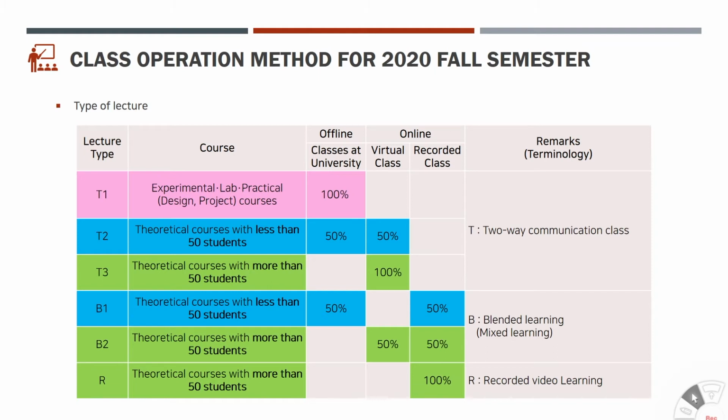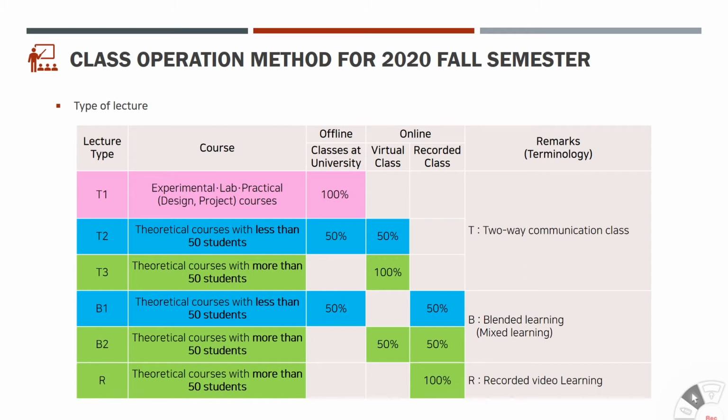Another one is B1, theoretical courses with less than 50 students. B means blended learning, so it will be 50% offline at the university and 50% online, but that online part is a recorded class. Recorded classes are usually conducted using the class system. Next one is B2, theoretical courses with more than 50 students.